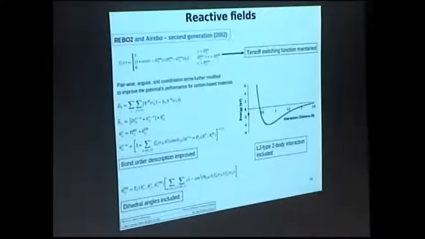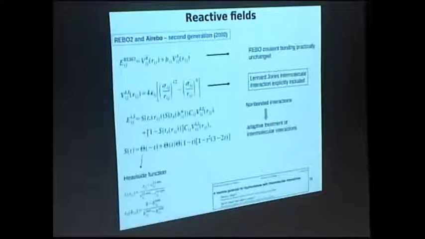It's not so used as the other one that I included in the second generation, that is the I-Ribble potential. It's also a Ribble potential with the same structure. And then we have a Lennard-Jones intermolecular potential included, but it's controlled by this adaptive treatment here.